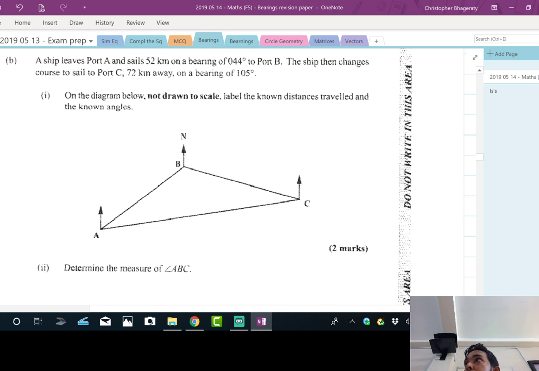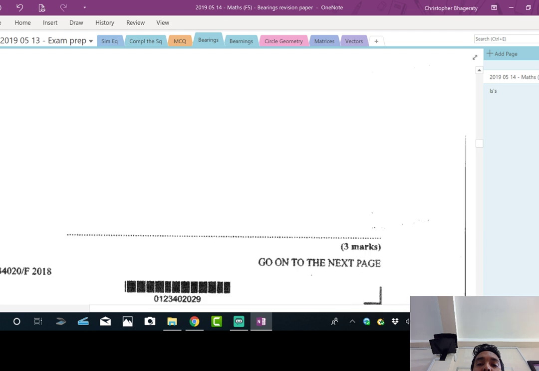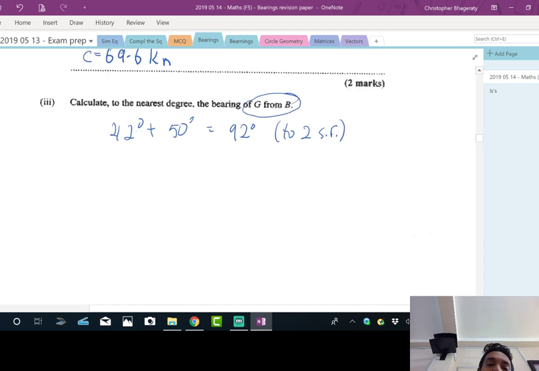Do we have to put 0.92? Actually, you make a good point, because a bearing should be expressed with three digits, so it should be 092 degrees. You're correct.